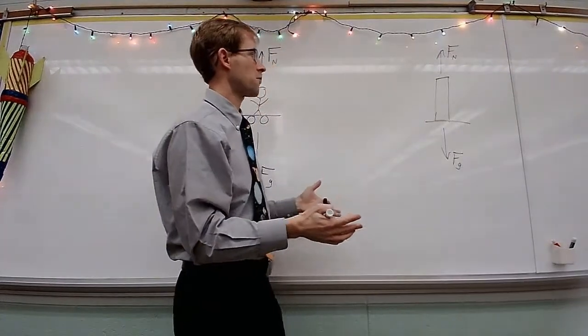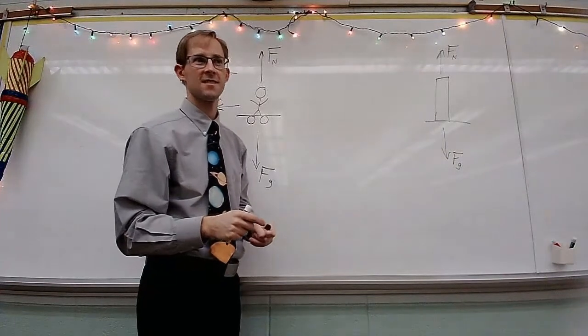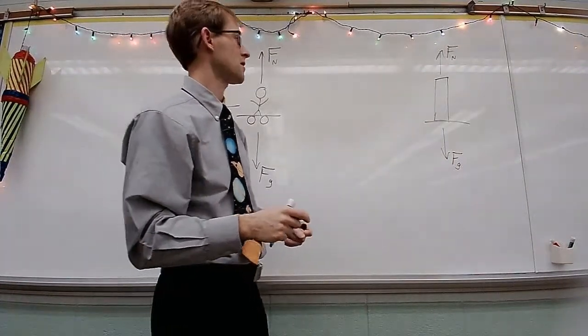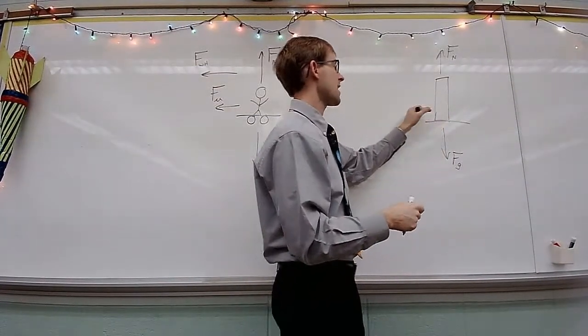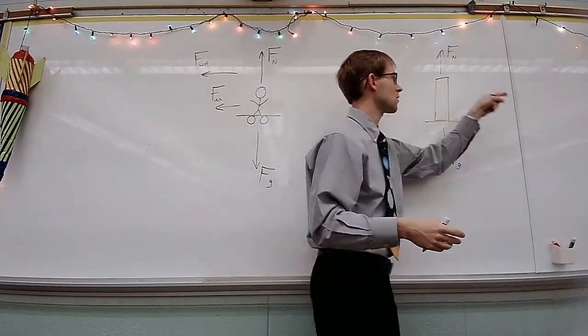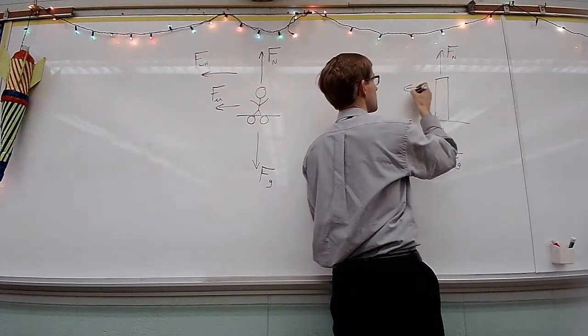So what kind of friction would I call that? Static or regular? Static friction, yeah. So when I run into this wall, I am basically trying to push it this way. So that means the force of friction would be to the left.